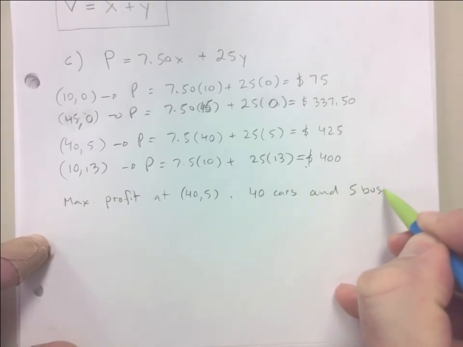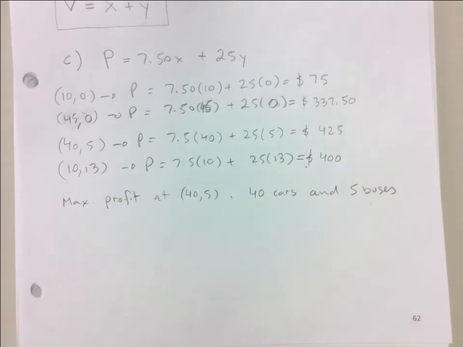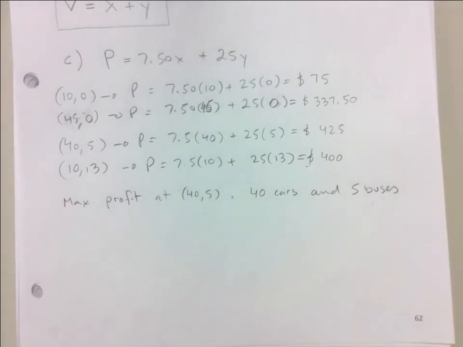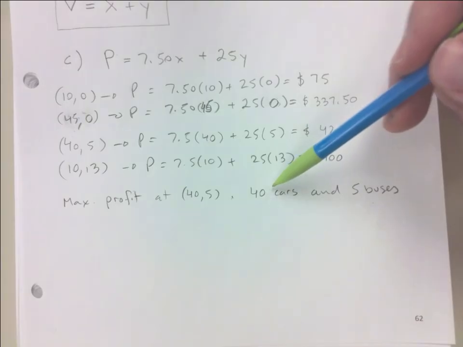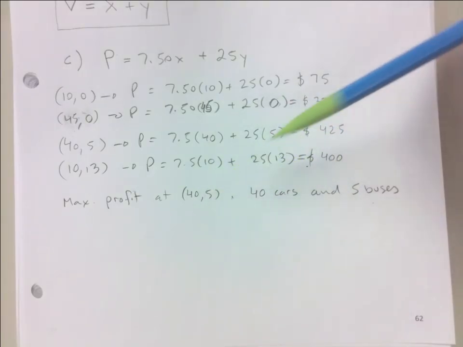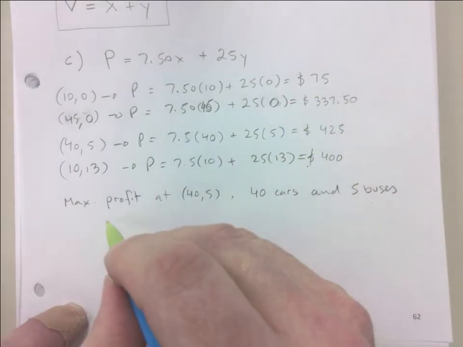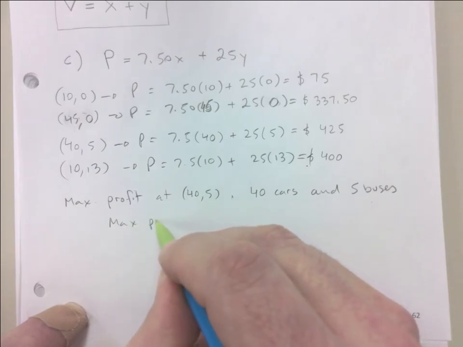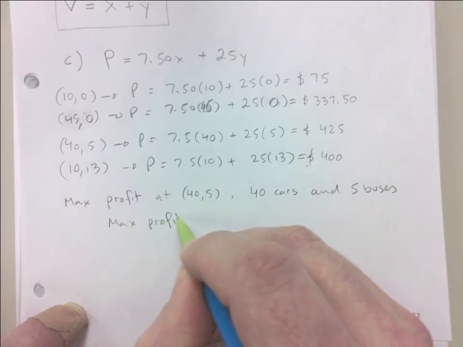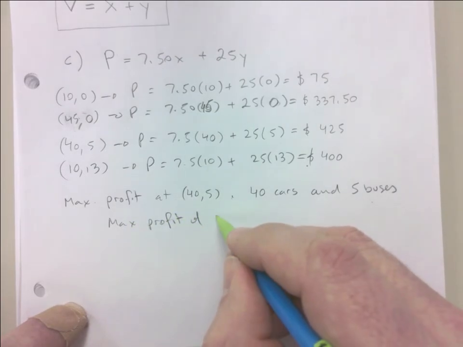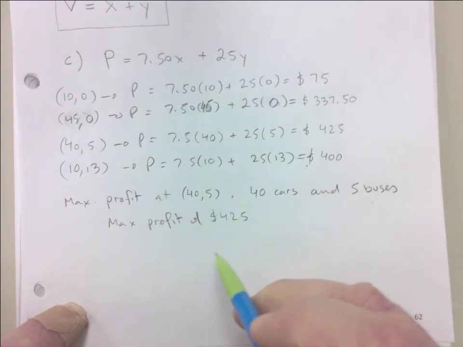Just make sure you specify, and you can have probably a nicer statement. I'm just running out of time here. But it's 40 cars and 5 buses. That's what that represents. Max profit of $425. That's per day.